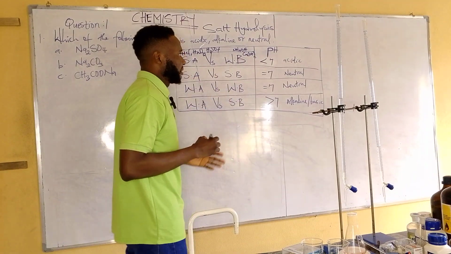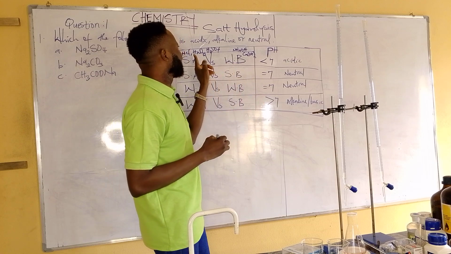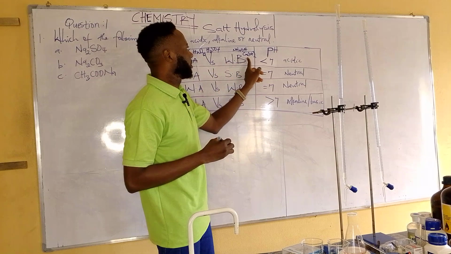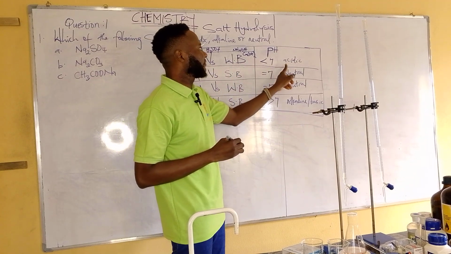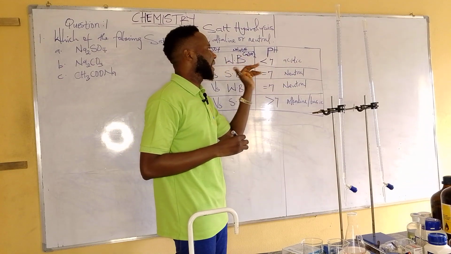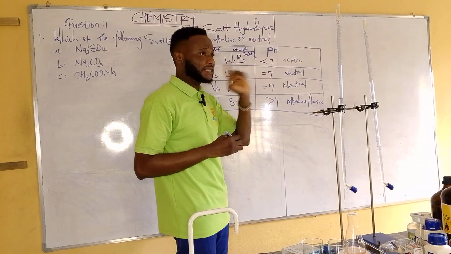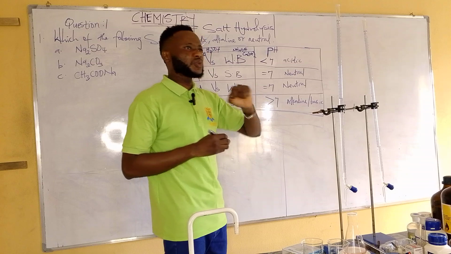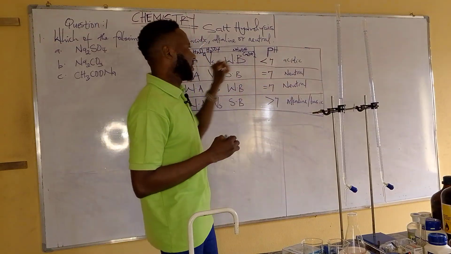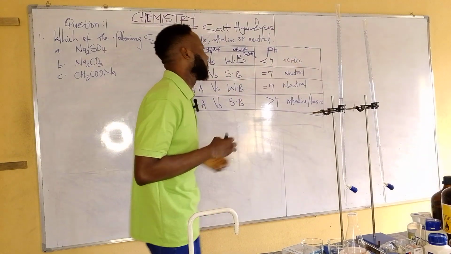They are weak bases. So whenever you react a strong acid with a weak base like this one, you are going to have an acidic solution. That means the pH is going to be less than 7.